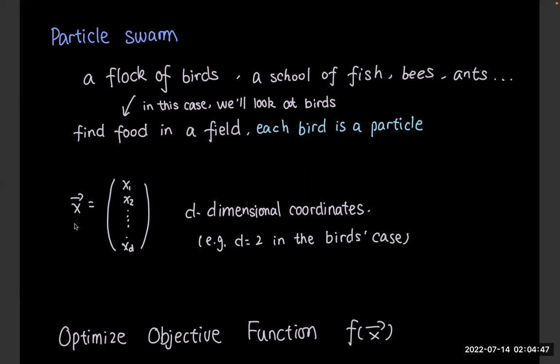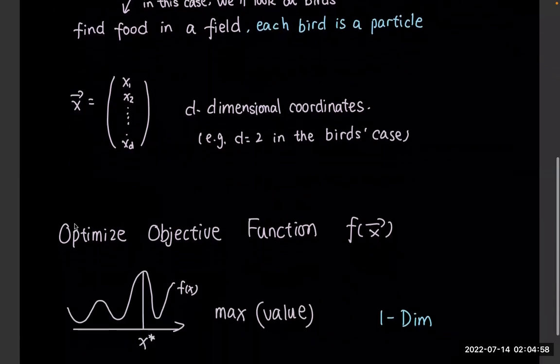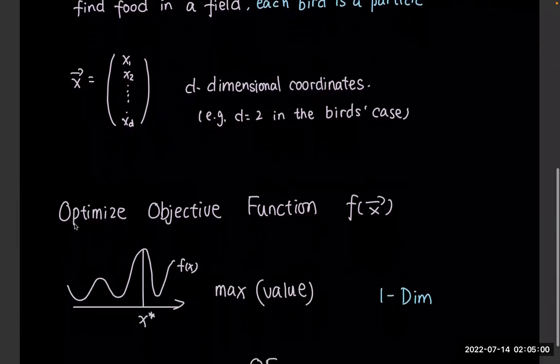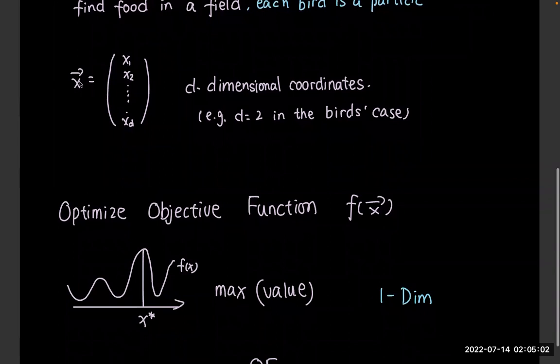For example, d equals 2 in the bird case, where the bird tries to scan over a two-dimensional field. Here for optimization, we often have an objective function, which is a function of the coordinate. For example, in the one-dimensional situation, we have such a function. So x star gives us the global maximum.